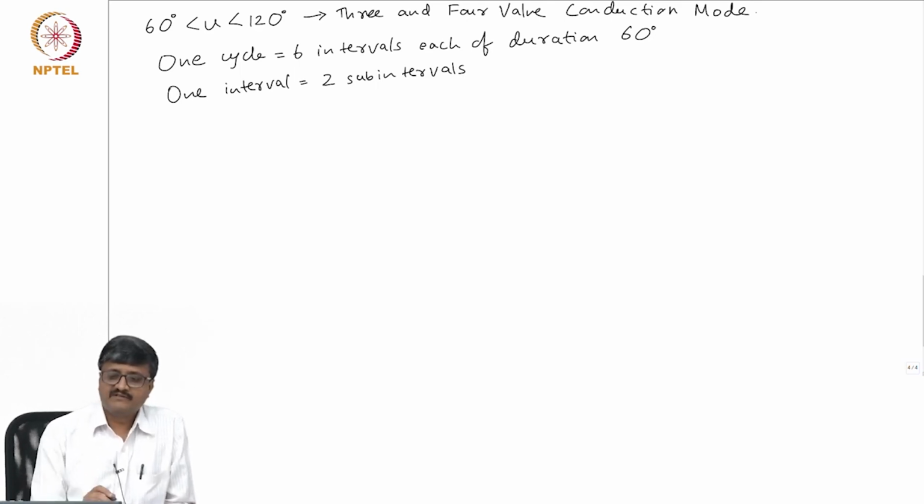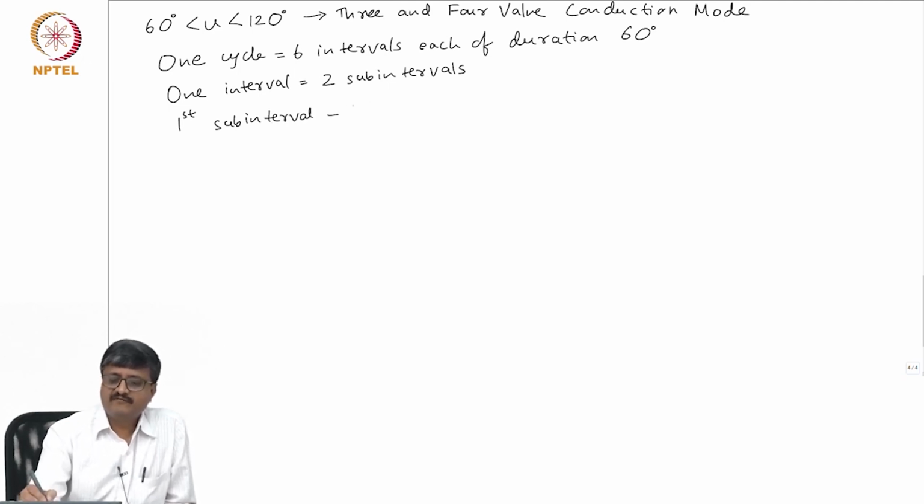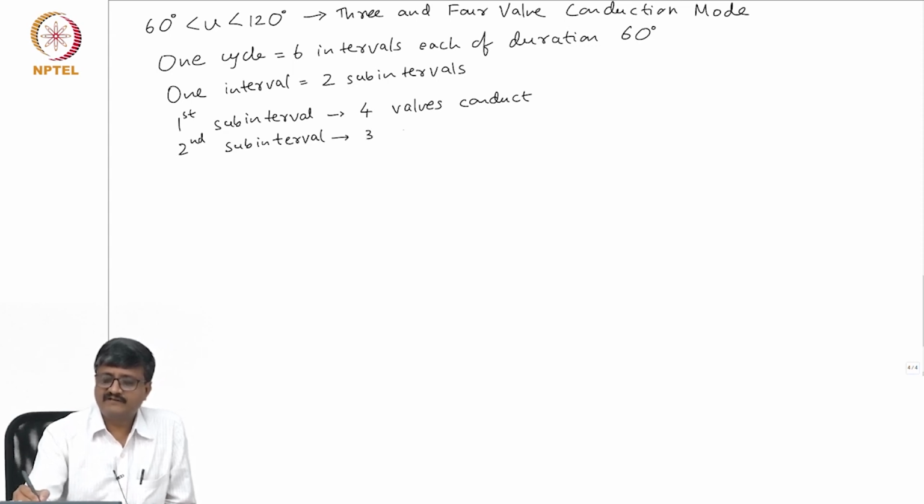So, the first subinterval is the one where 4 valves conduct. The second subinterval is the one where 3 valves conduct.